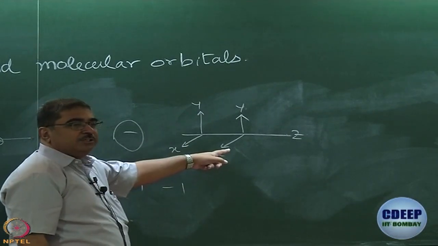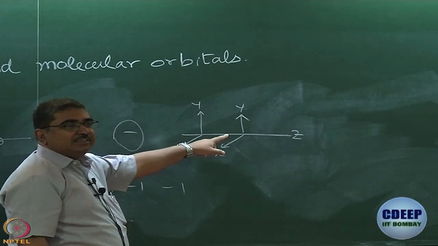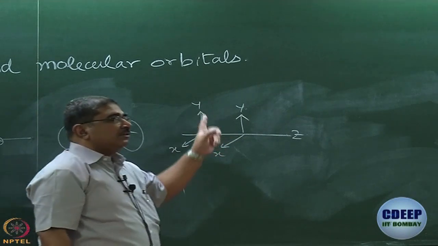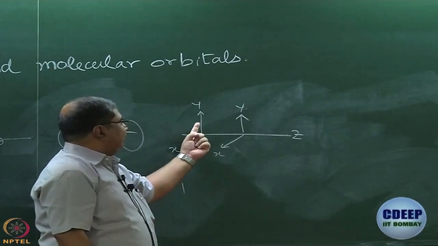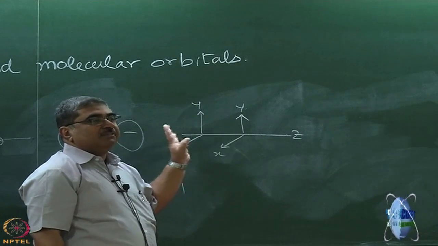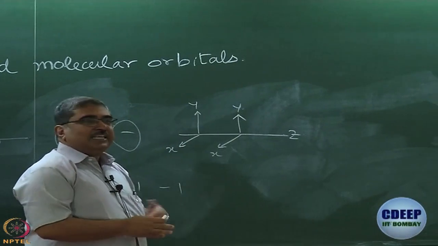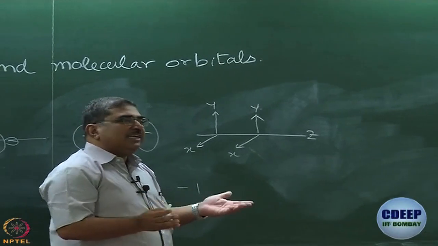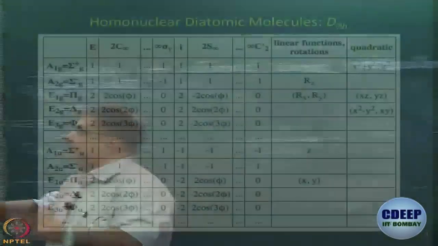These two arrows denote the p orbitals of the two atoms, and these two arrows denote the px orbitals of the two atoms. The vertical arrows denote the py orbitals of the two atoms. Are we clear? How will they transform? They will transform exactly like x and y axis. We do not even have to work it out, it is given here.